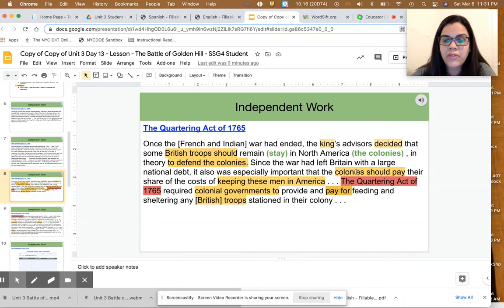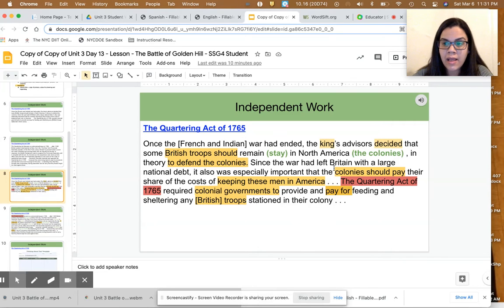Since the war had left Britain with a large national debt, it was especially important that the colonies should pay their share of the costs of keeping these men in America. The Quartering Act of 1765 required colonial governments to provide and pay for feeding and sheltering any British troops stationed in their colony.